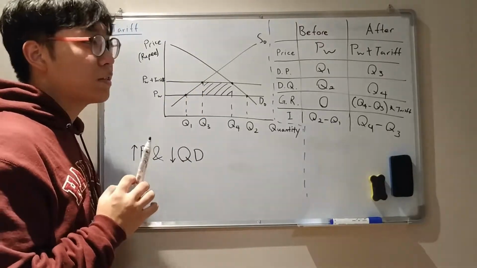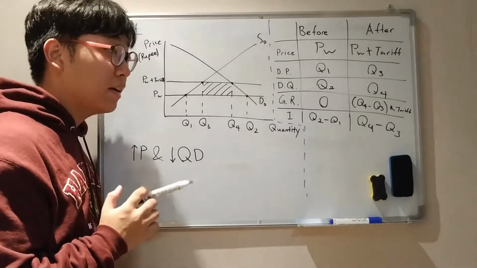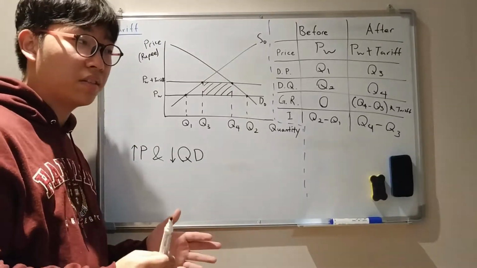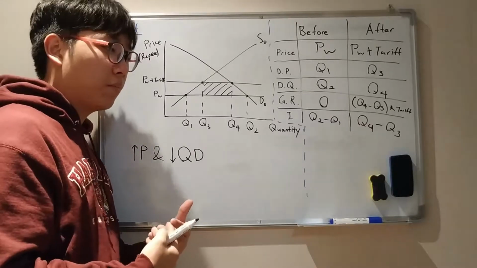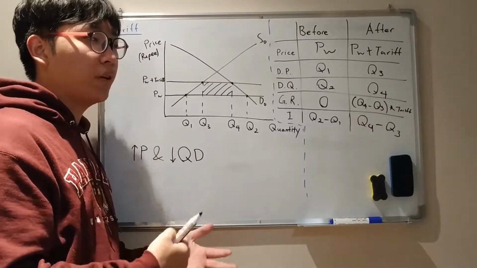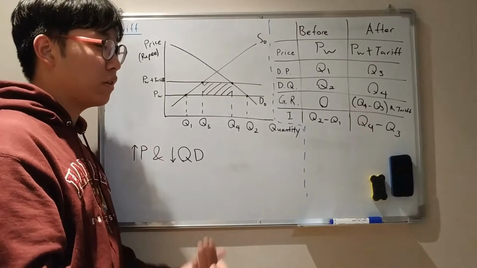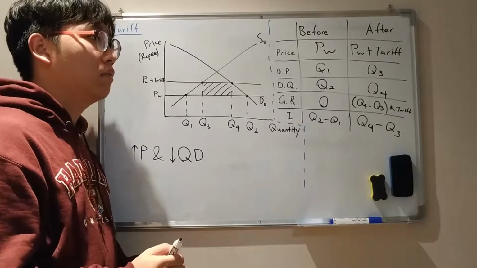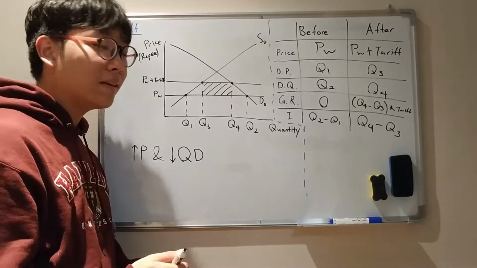Now, that is quite self-explanatory based on the law of demand, but it is important for you guys to explain that process of the law of demand. That if there's an increase in price, the consumers are less willing and able to purchase more of the product. That's why the quantity demanded actually falls. It is important for you guys to note that. And yeah, that would be your answer for question B.